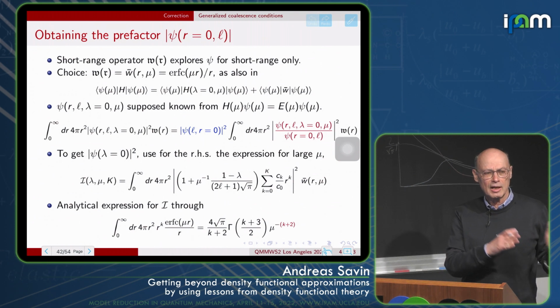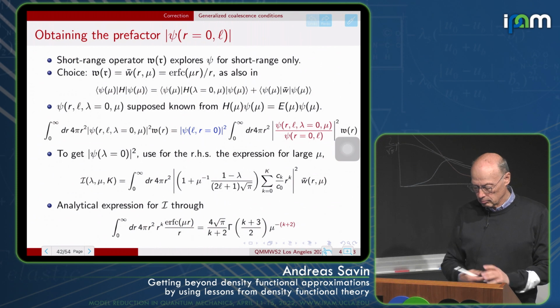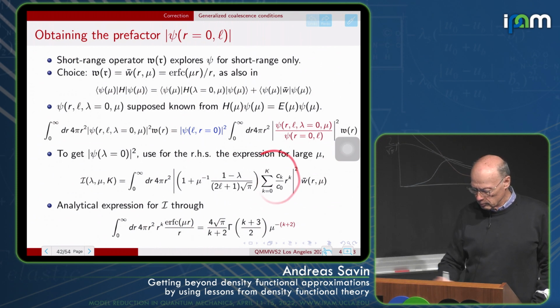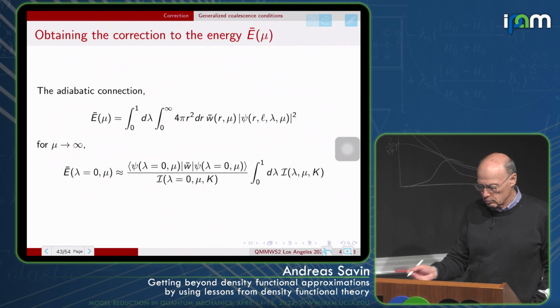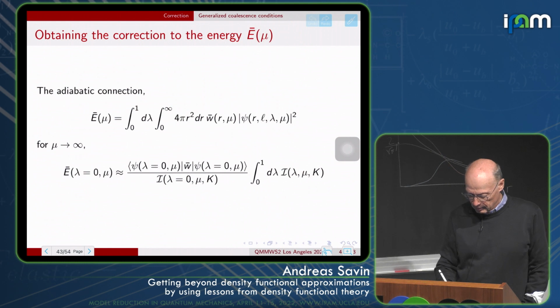As you have eliminated the lambda and mu dependence, you use the expansion I was speaking about before, and you can compute almost everything analytically. And so, in fact, you get an expression like this.